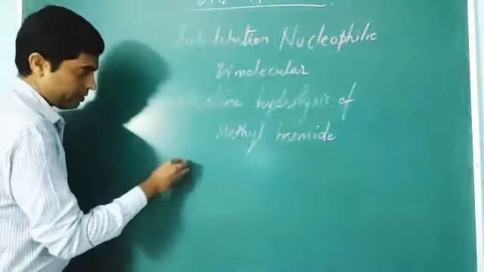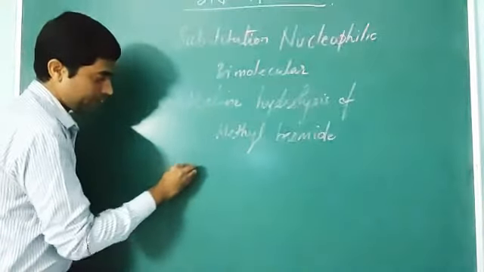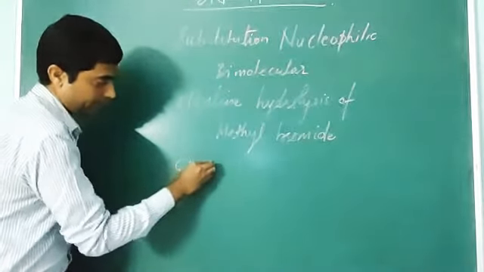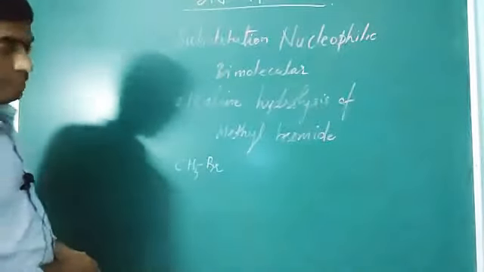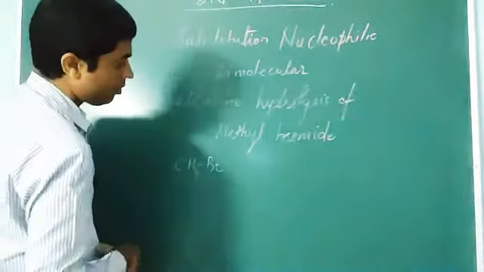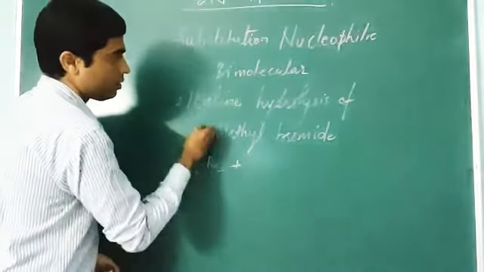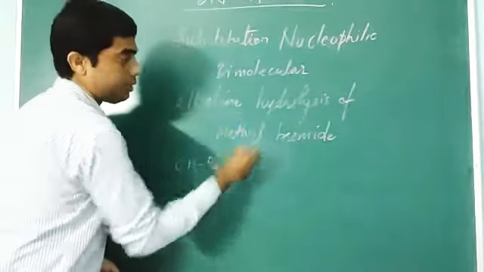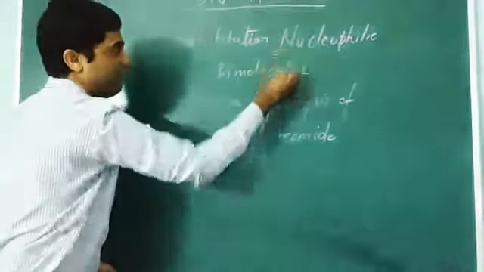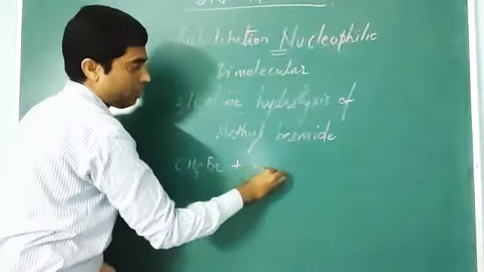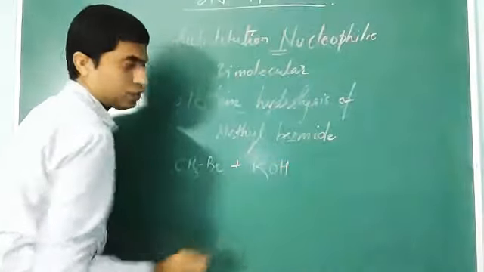Now we have an example of methyl bromide, CH3Br, plus the alkaline source of nucleophile, potassium hydroxide, KOH.